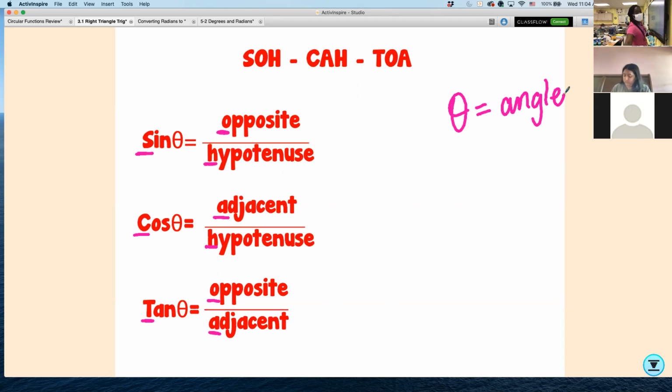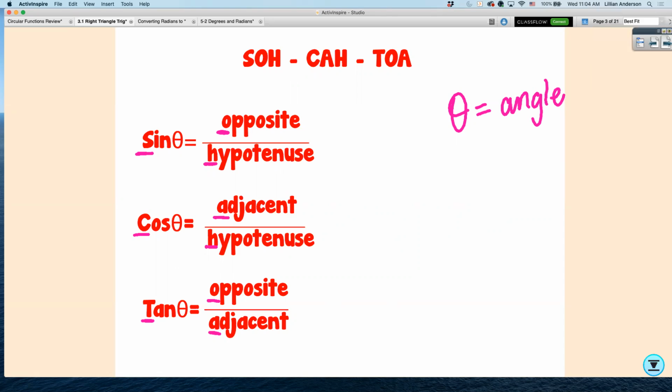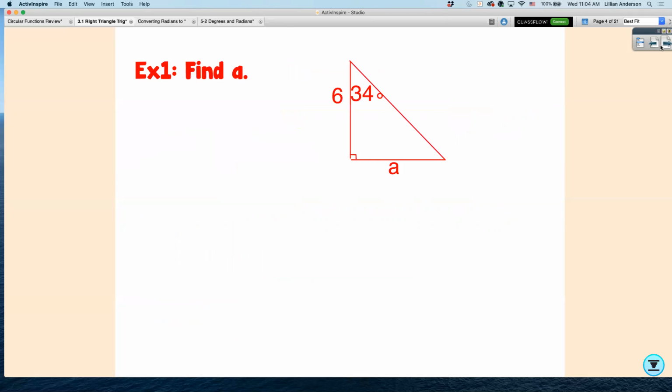Those are your inverse functions, but you don't have to worry about those in A and ASO. You just need to worry about these three. So SOHCAHTOA, sine opposite over hypotenuse, cosine adjacent over hypotenuse, tangent opposite over adjacent. And that's what we use to find angle measures and side lengths of triangles.